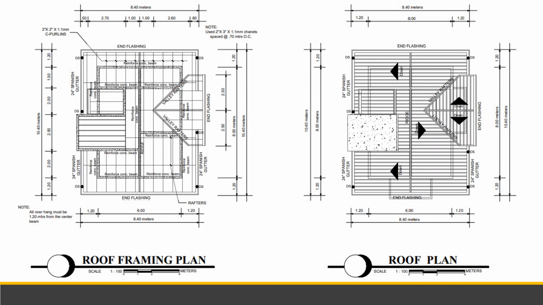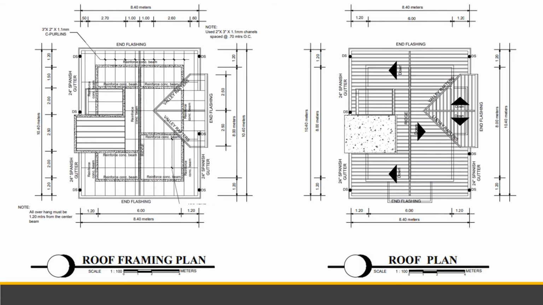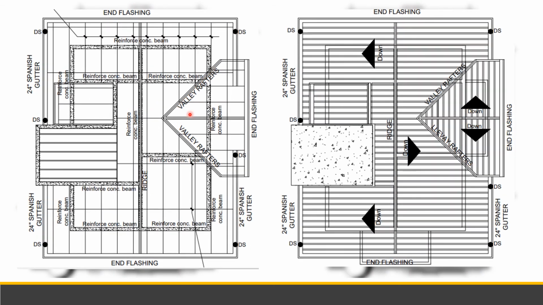And so, diba, from the foundation plan, framing plan, and dun sa roof plan. For the roof, meron kang roof framing and roof plan. Roof framing, if you used yung mga trusses, nakalagay dyan. So valley rafter truss, merong reinforced concrete beam.